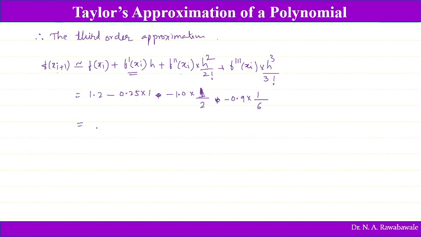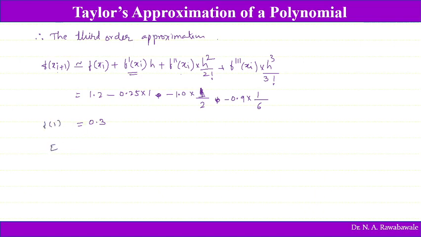So on simplification we get this as 0.3, f of 1 is equal to 0.3.